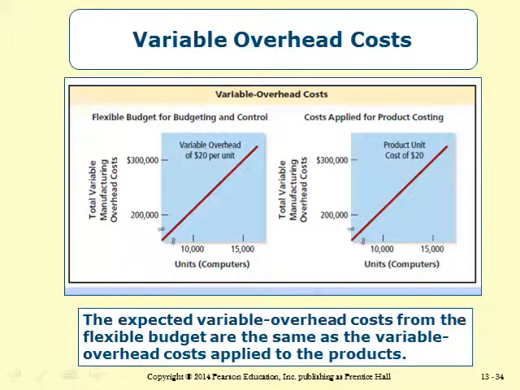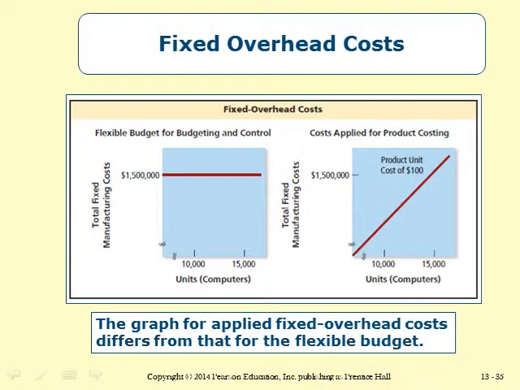If we look at this flexible budget for budgeting and control versus cost applied for product costing, we can see that the expected variable overhead costs from the flexible budget are the same as the variable overhead costs applied to the products. However, the graph for applied fixed overhead cost differs from that for the flexible budget, and we can see that in the panel to the left and the panel to the right here.